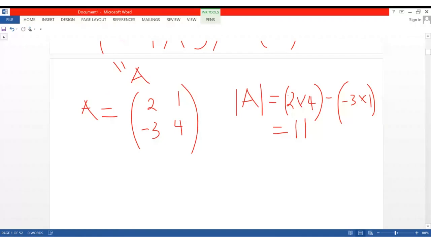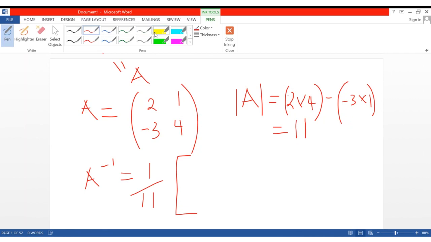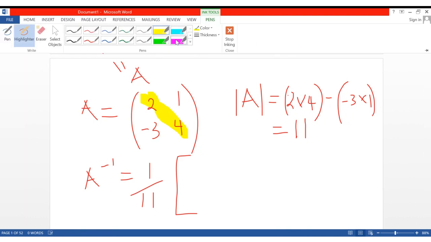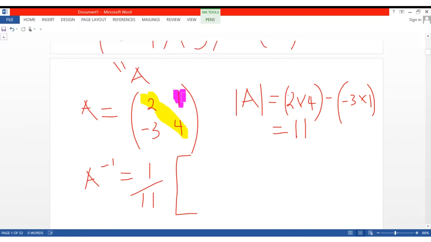Now, you remember the inverse will be given by the reciprocal of the determinant, 1 over 11. Then what I need to do is interchange the leading diagonal. This one we did last week. So I'll interchange the one in yellow here, and then I'll multiply the one in pink here, the 1 and negative 3, with negative 1.